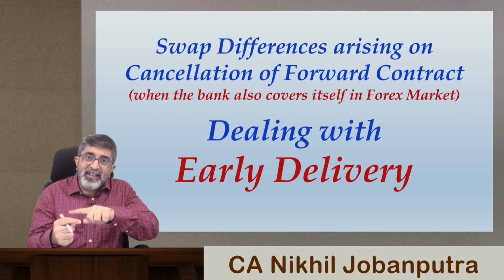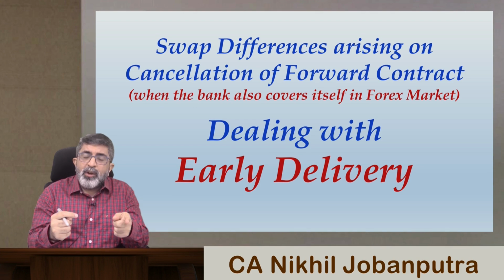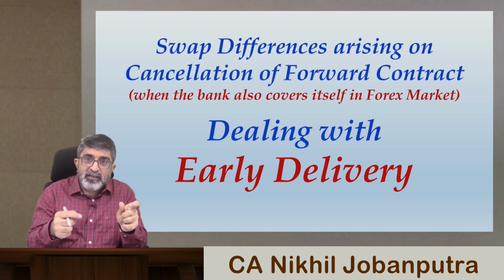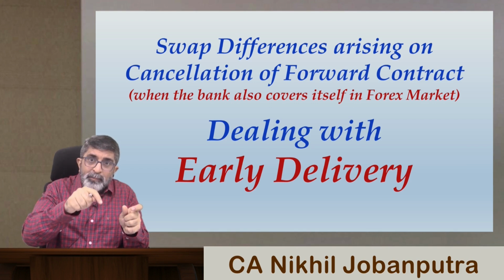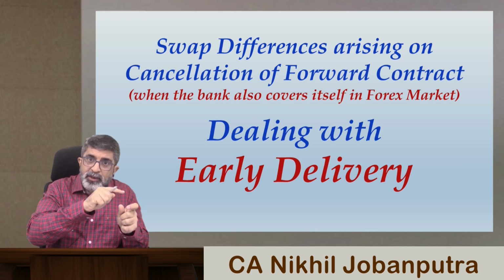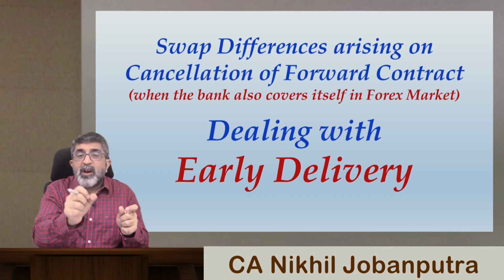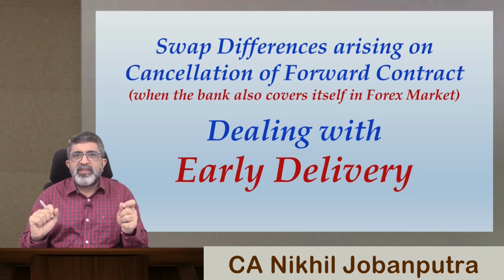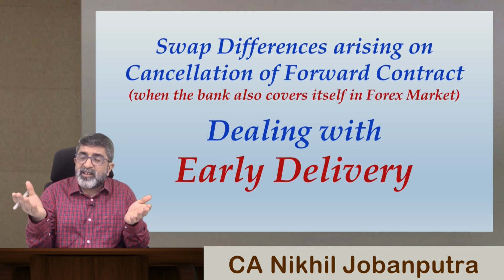But if the bank had an outlay of funds on the payment date to the exporter, the bank can recover interest on that net outlay of funds for that 1 month difference. Why am I talking about this as a 1 month difference?